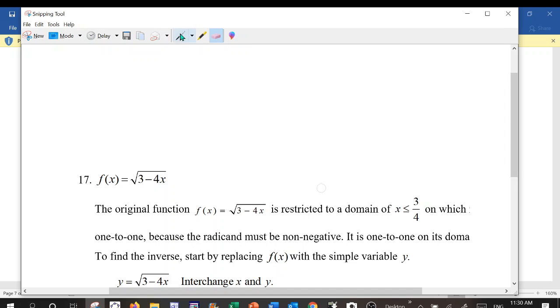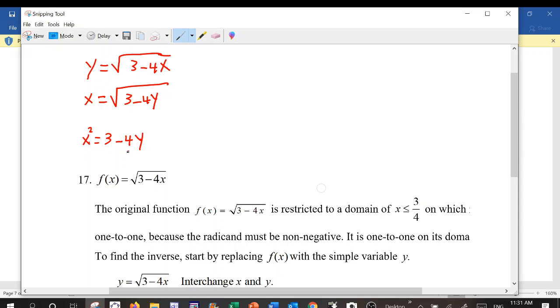Well, we are going to let f of x be y, right? And switch x and y. And then solve for y. So square both sides. Move the 4y to this side.